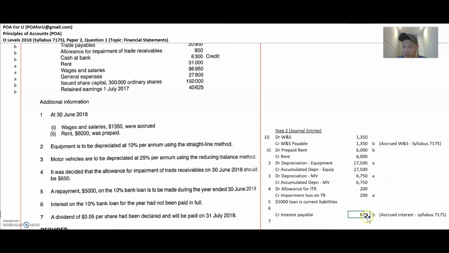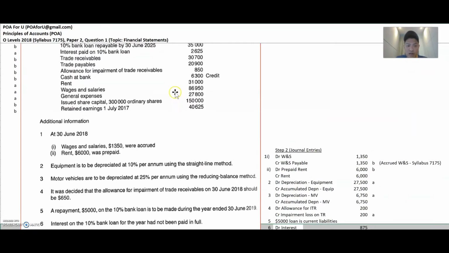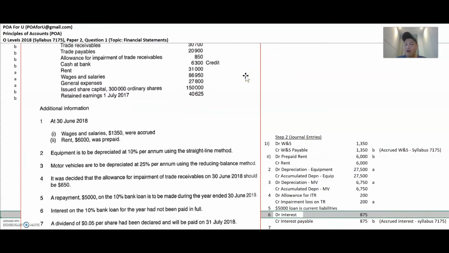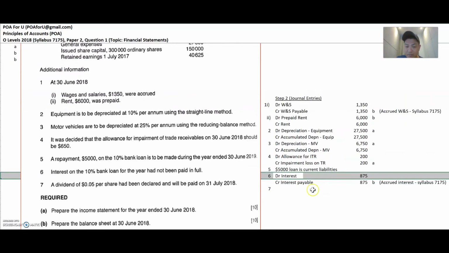So you still have to pay $875, and you then have to increase the interest expense by $875 versus what has been reflected in the trial balance of 2,625, to show the actual amount of interest expense that you incurred in the year.